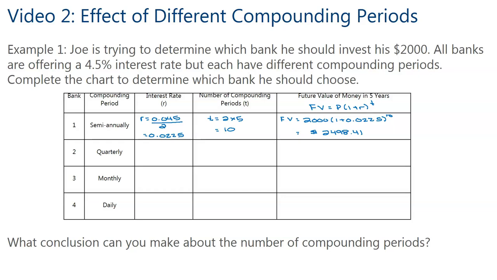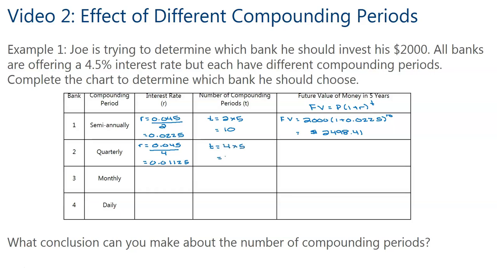Now for Bank 2. This time I'll divide 0.045 by 4, because quarterly means 4 times a year. So that's 0.01125. And the T value would be 4 times 5.